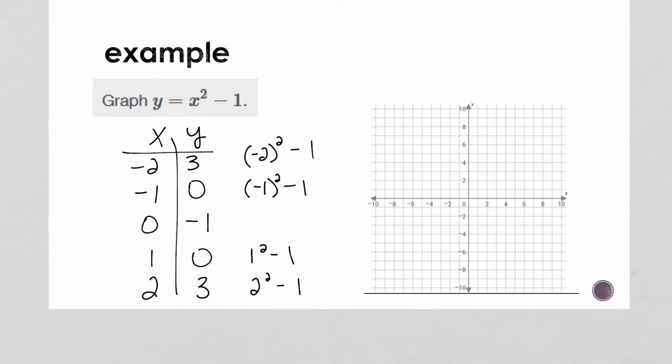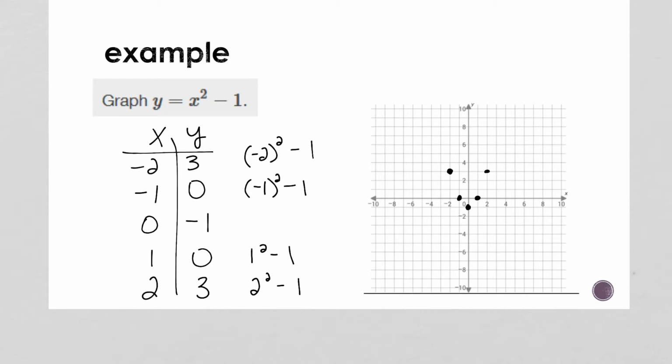All right, so let's graph these points. Negative 2, 3 is right here. Negative 1, 0 is right here. 0, negative 1 is right here. 1, 0 is right here. And then 2, 3 is right here. Now this is a very rounded shape.